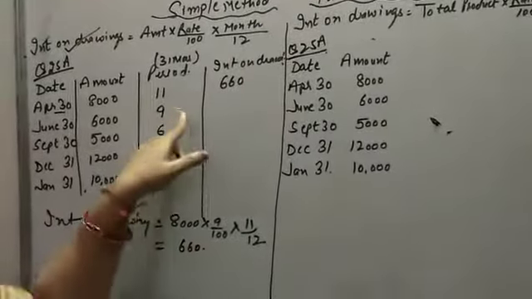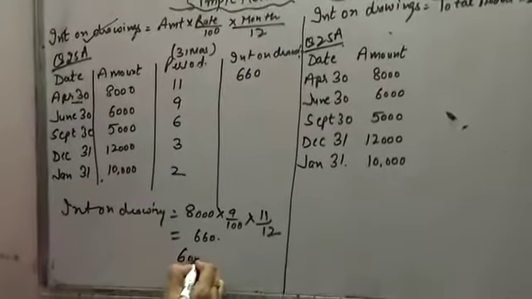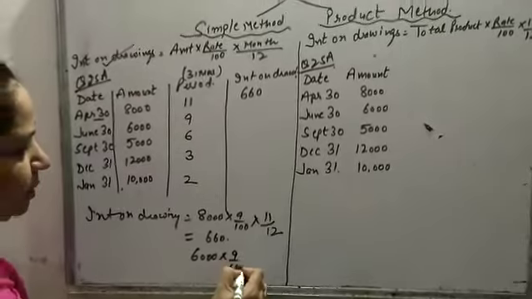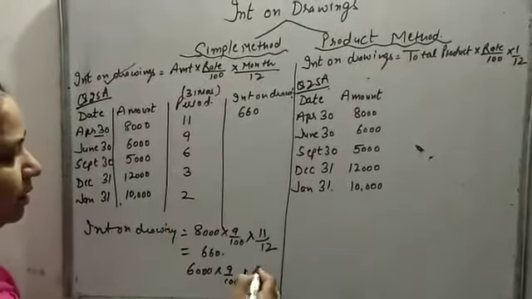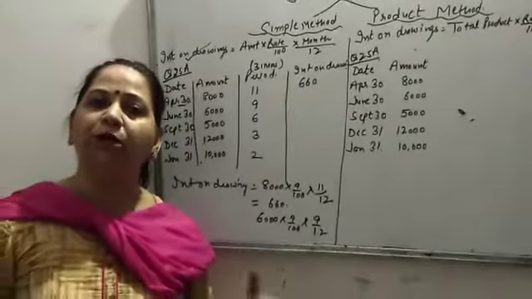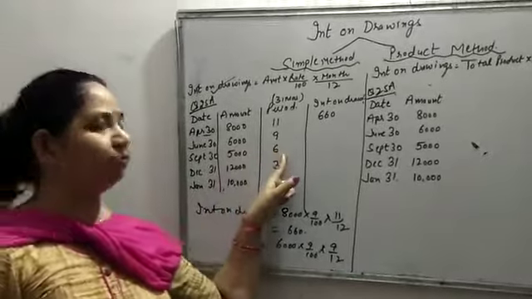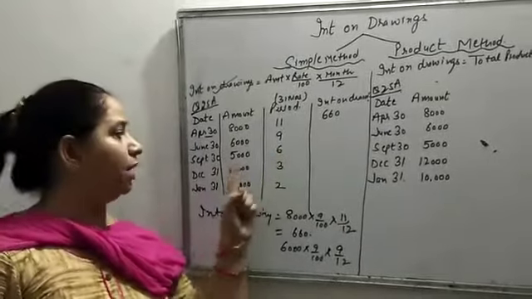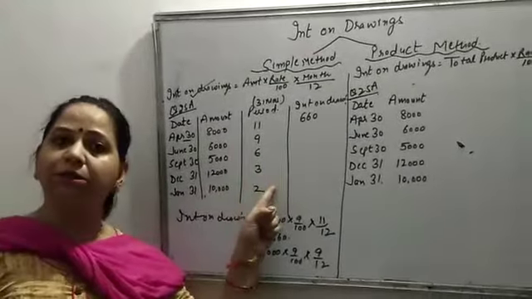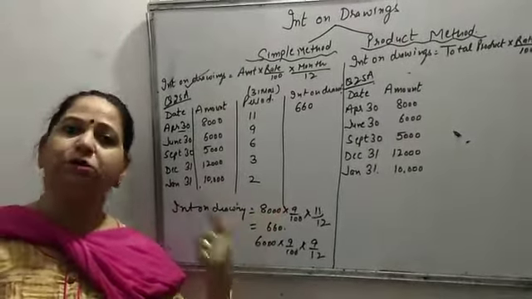In the same way here also we are going to calculate. 6,000, 9%, and the months are 9, so 9 upon 12. In this way we calculate the interest on drawing for all these: 5,000, 9%, 6 upon 12; 12,000, 9%, 3 upon 12; and 10,000, 9%, 2 upon 12.